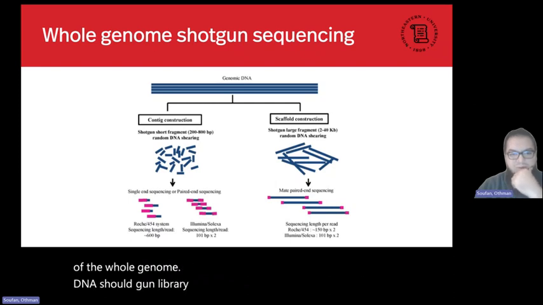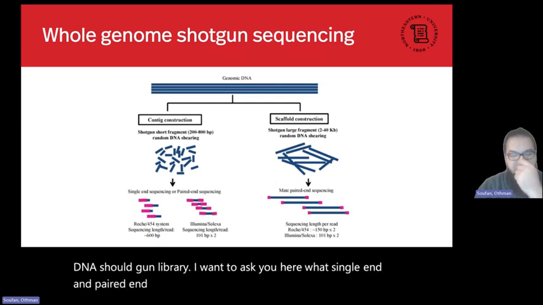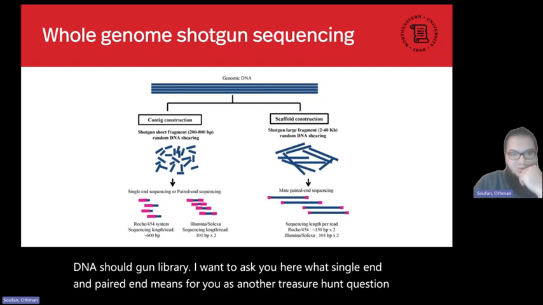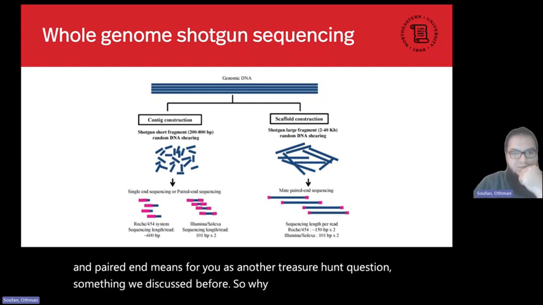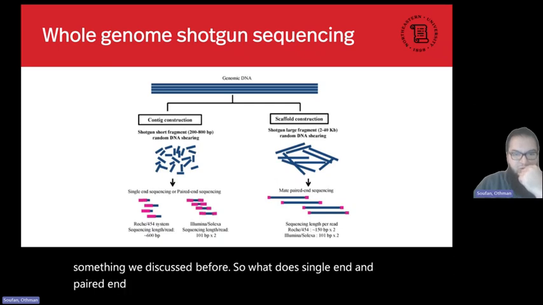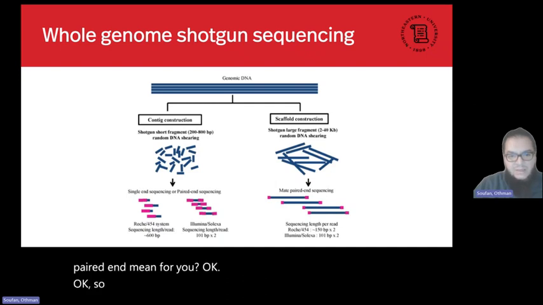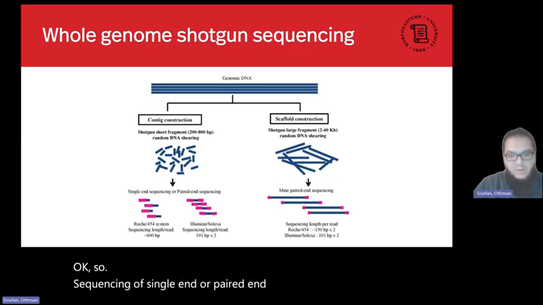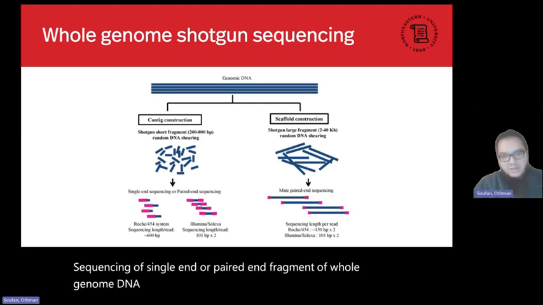I want to ask you here what single end and paired end mean for you, as another treasure hunt question, something we discussed before. So, sequencing of single end or paired end fragments of the whole genome DNA shotgun library is what we see here.